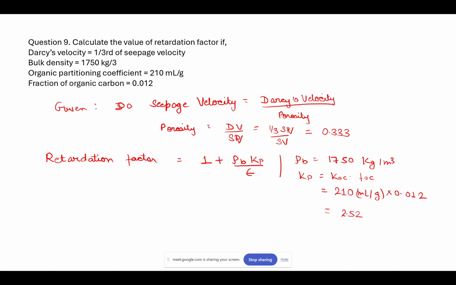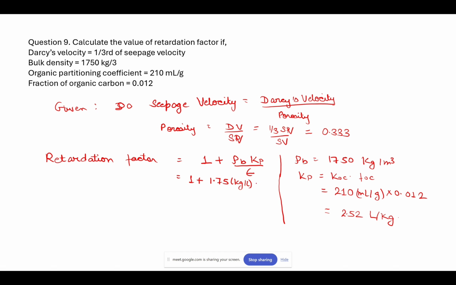ml per gram. If we convert it into liters per kg, we do not need to do any conversion. So the retardation factor now will be 1 plus bulk density, 1750 kg per meter cube. Let's convert it into kg per liter, so divide by 1000, and it will be 1.75 kg per liter.